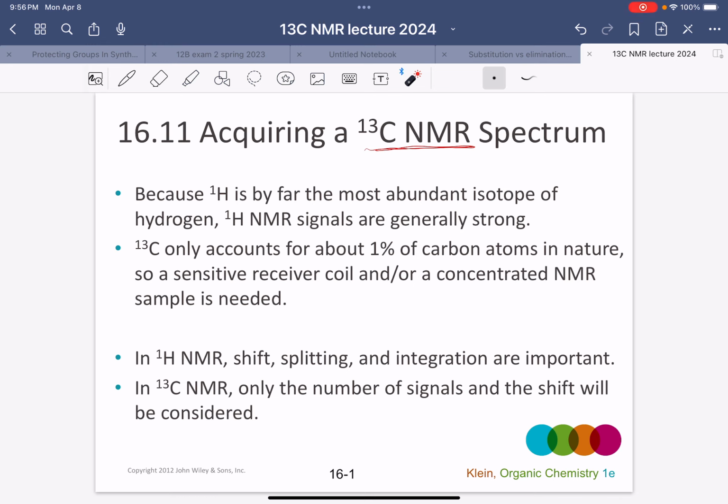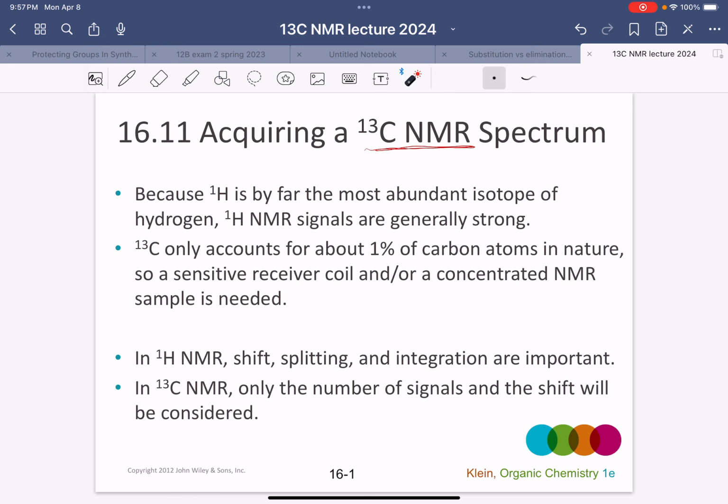In fact, for the Nanalysis 60 megahertz machine that we have, if we had gotten one that could do carbon-13 NMR, it would take probably around 20 minutes to take a natural abundance carbon-13 spectrum. So instead of taking a minute and a half, it would take 20 minutes.